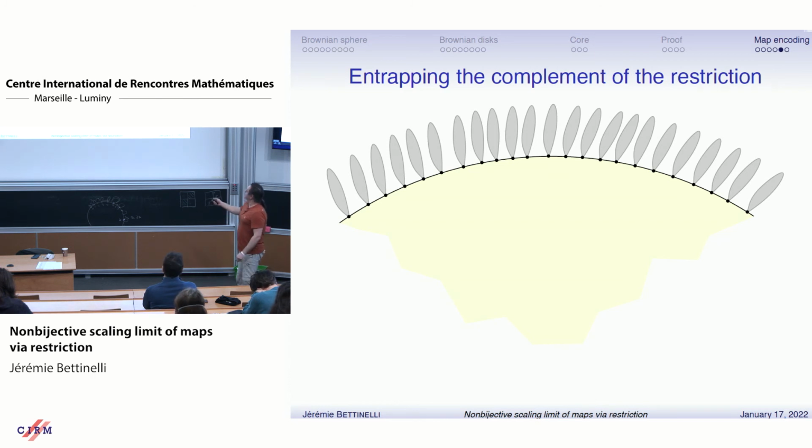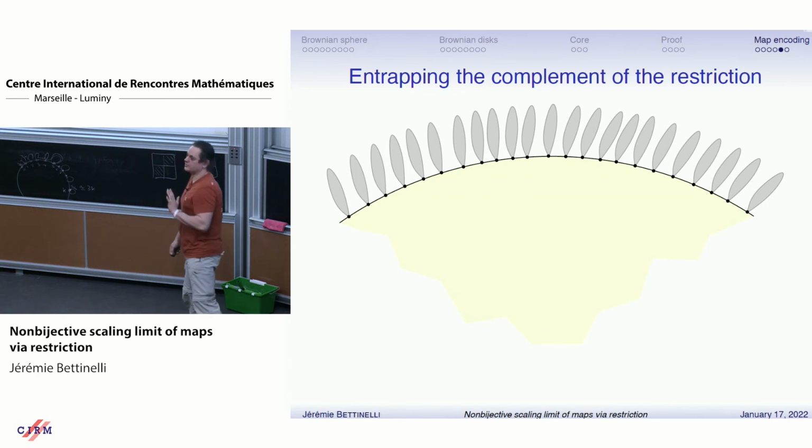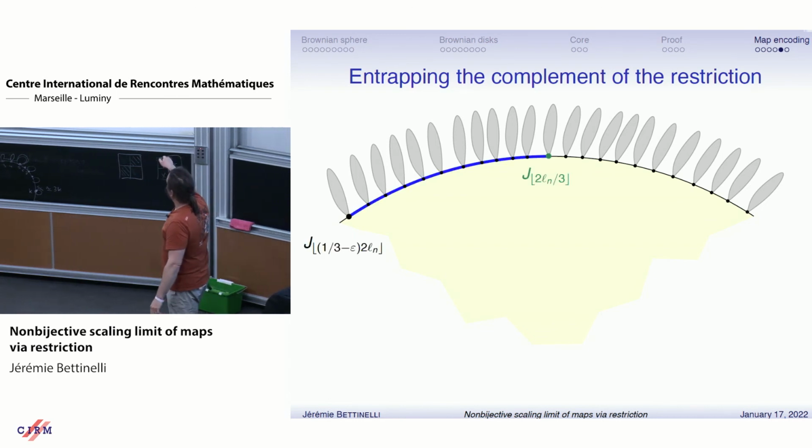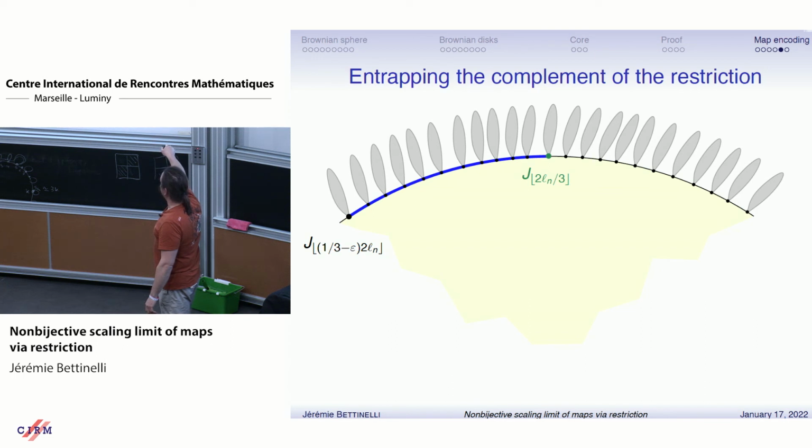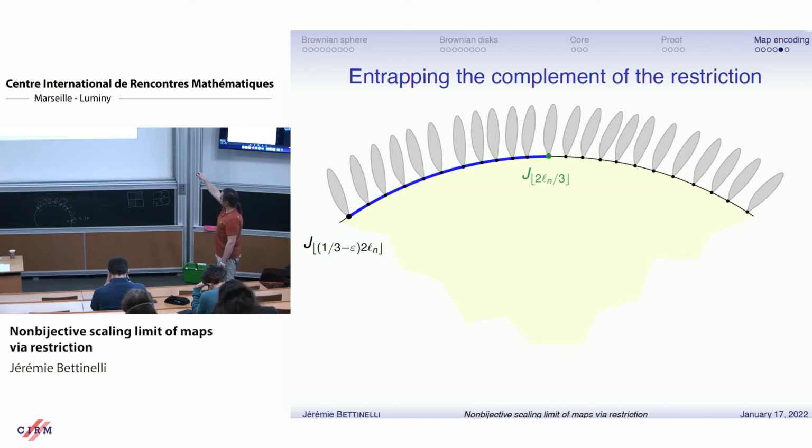Okay, so here is the same picture, but nicer maybe. In yellow you have the core, and there you have the dangling part on the boundary. Here I don't have the forest, just the map and its core. And I want to look at the restriction. To get the restriction, remember that I wanted to aim at this point at distance 2ln/3 on the boundary.